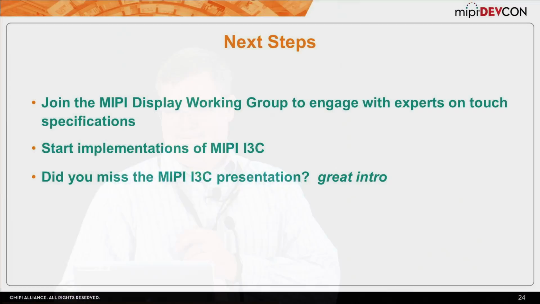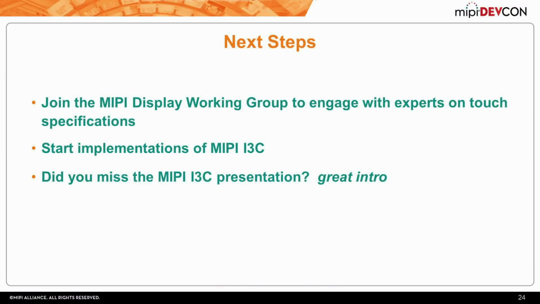So, next steps. If you're interested, join the display working group. Help give us your inputs to make sure that what we generate meets your needs. A pitch for the sensor group: start using I3C.